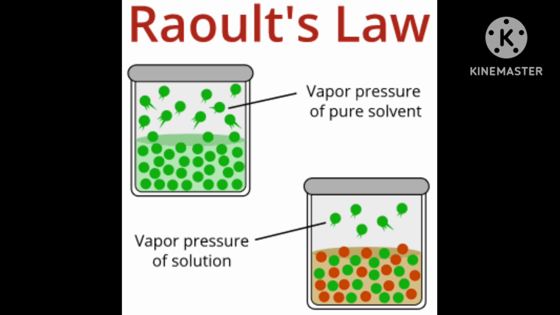That maximum is always for the pure component. Always remember that the pure component will have the maximum vapor pressure, the highest. For any liquid, when it is pure, that is called pure solvent or pure component, it will always be highest.